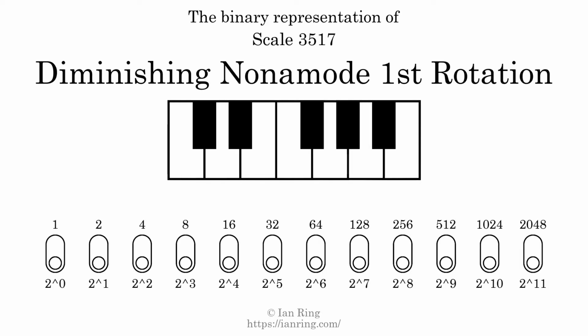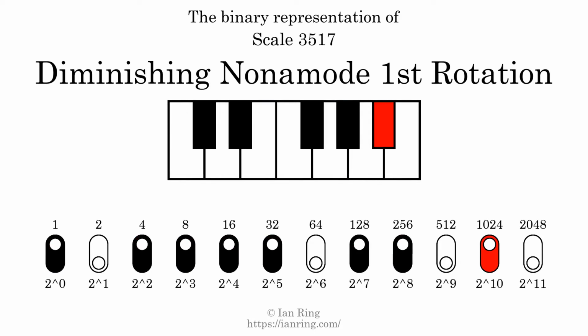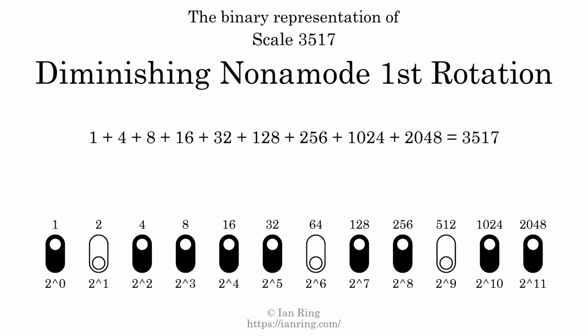The binary representation of this scale is determined by mapping tones of the scale to binary digits. Each binary digit represents a power of 2. To get the scale number, we add the powers of 2 together. The powers of 2 that are present in the scale, all added together, equals 3517.